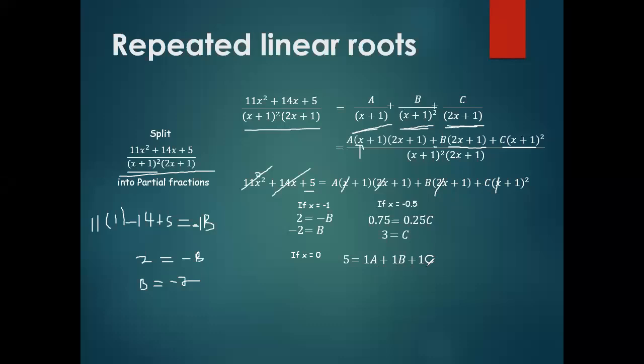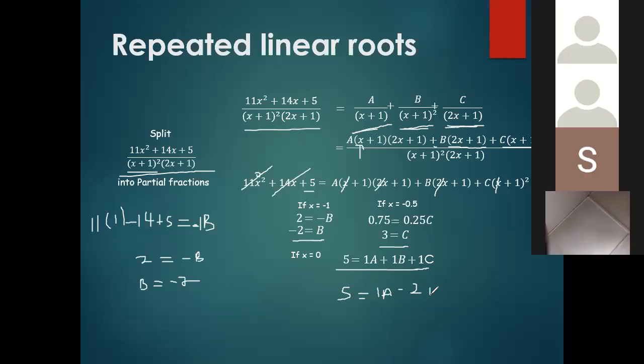Okay. So from there, we are going to get this equation. And we know that b is already minus 2, c is equal to 3. So we have 5 is equal to 1a minus 2 plus 3.